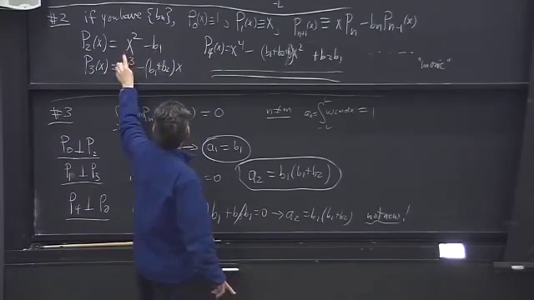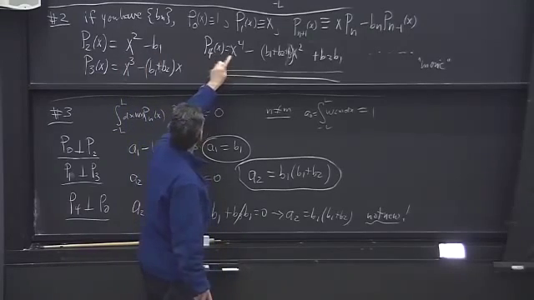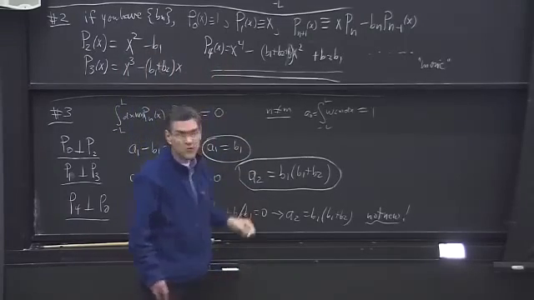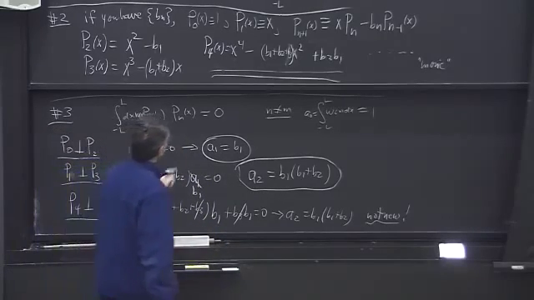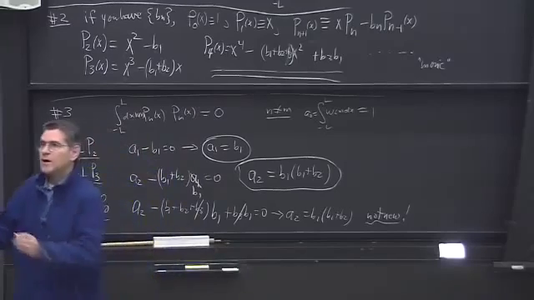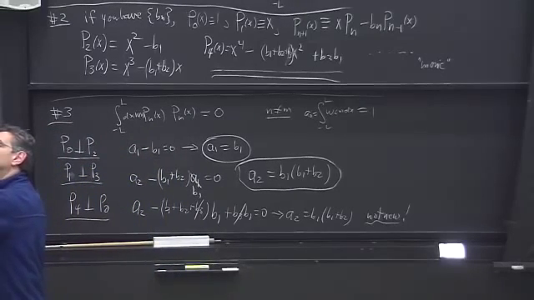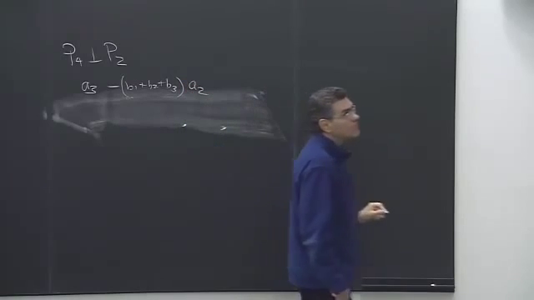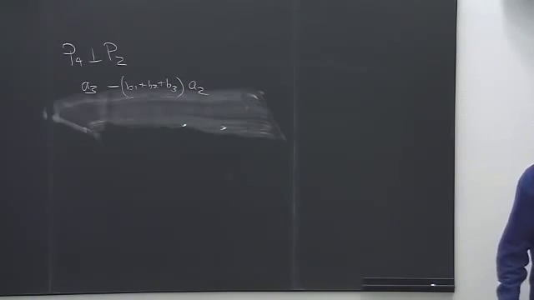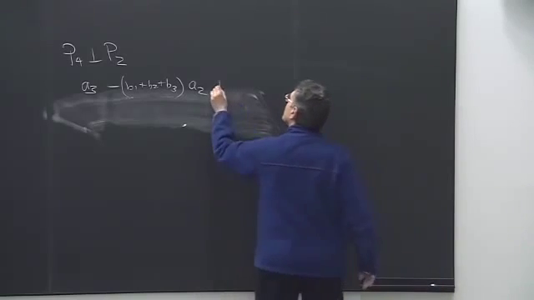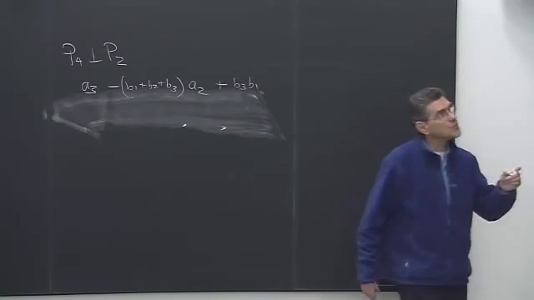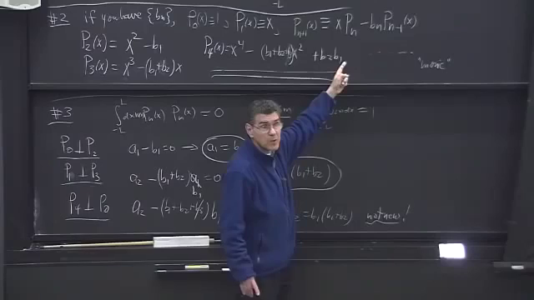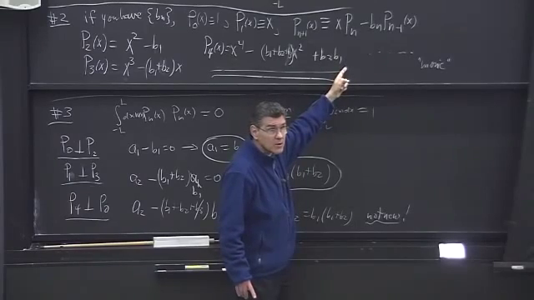So if I multiply this guy here by x squared and I integrate, the first term gives me a3. The next term gives me minus b1 plus b2 plus b3 times a2. And the last term gives me b3 b1 times, multiplied by x squared, and I'm integrating, right?